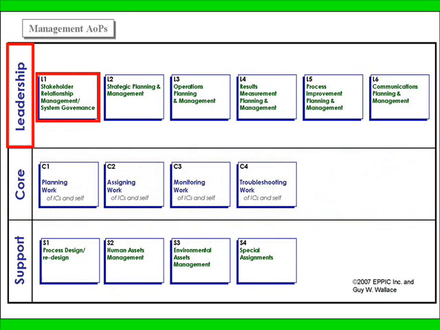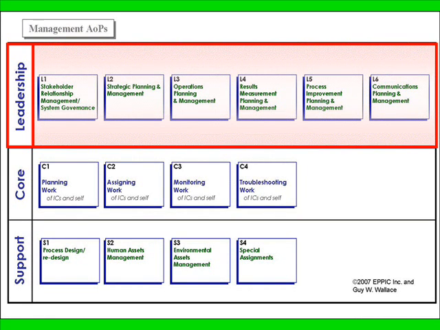The leadership management areas of performance, beginning with stakeholder relationship management, strategic planning and management, operations planning and management, results measurement planning and management, process improvement planning and management, communications planning and management.